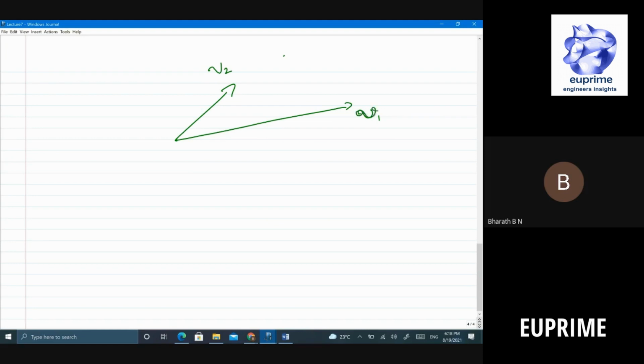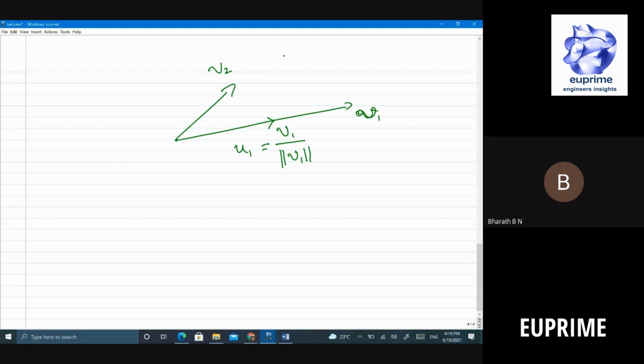To make it a unit vector, I do v1 over the norm of v1, thinking of it as the Euclidean norm, the square root of the sum of squares. This gives me a unit vector along the direction of v1. I call it u1.